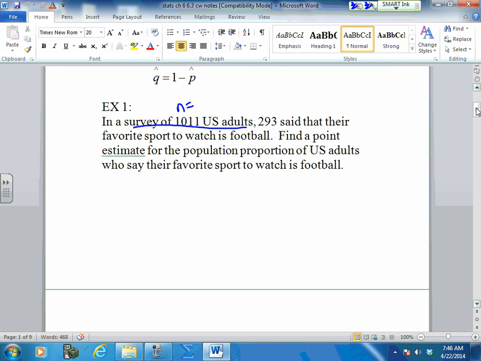So this is your sample. Your sample size, your n. 293 said that their favorite sport to watch is football. This is your x. Out of the 1,011 that I surveyed, 293 people checked off football is my favorite sport to watch. Find a point estimate for the population proportion.